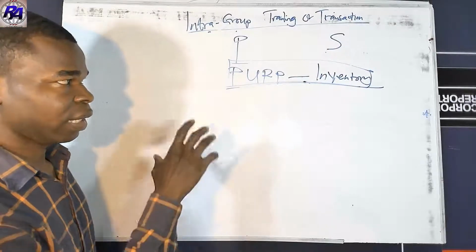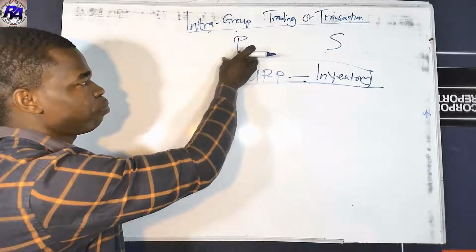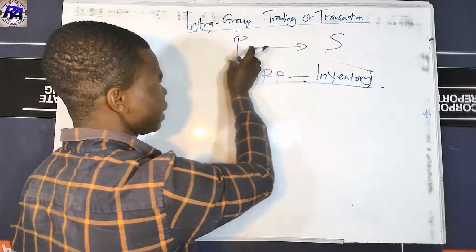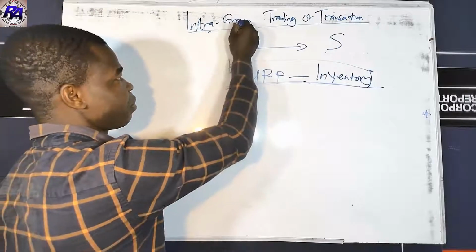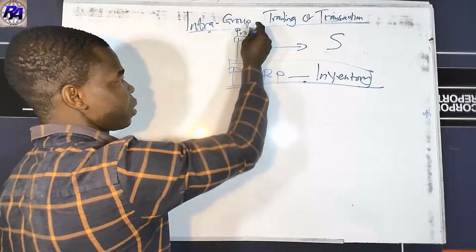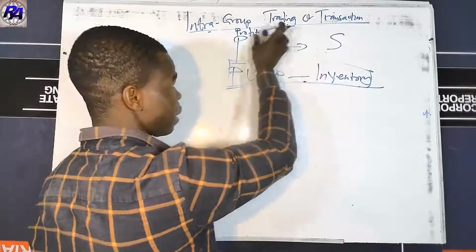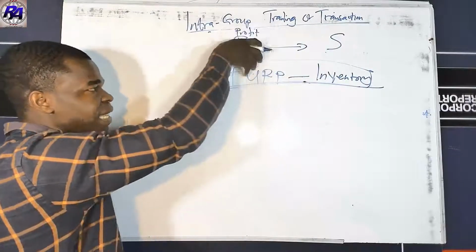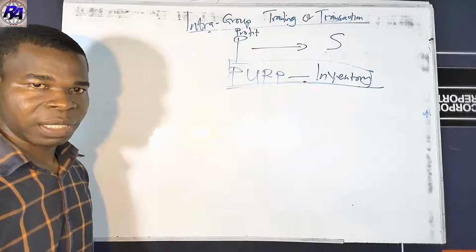Now let's take it from this angle. If the parent sells to the subsidiary, the parent is the one making the profit on the sale, and therefore the unrealized profit is in the books of the parent.